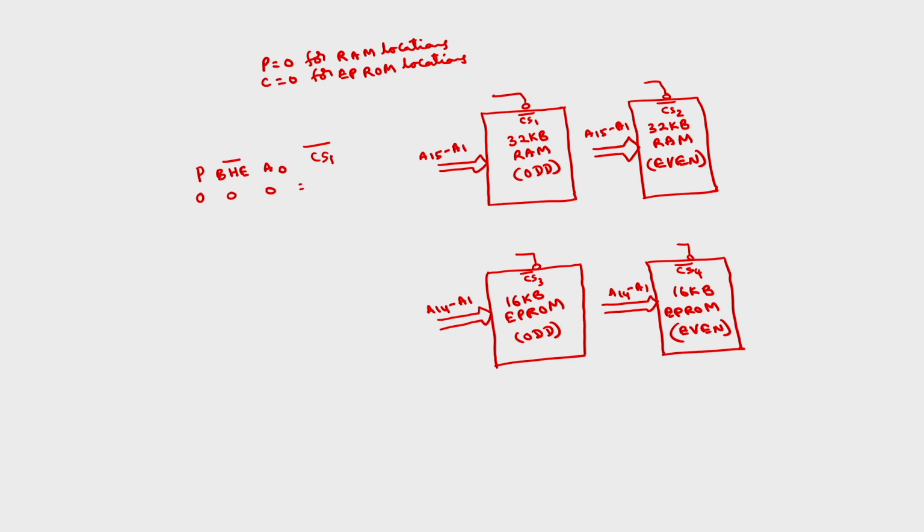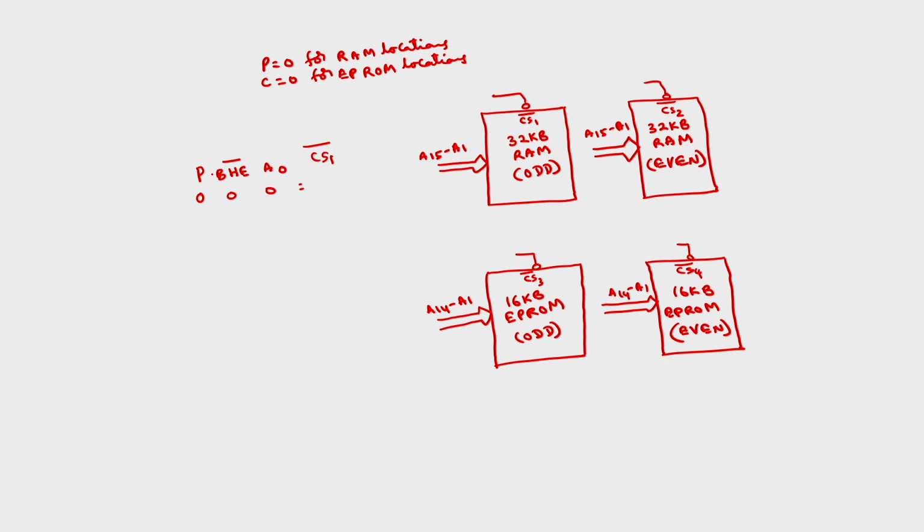CS1 bar has to be selected in case of wide selection from the RAM or only the odd bank. This P is equal to 0 by default, since this is for RAM, so no need to consider it, you can write P is equal to 0 here itself. Now BHE 0, A0 0 means chip select bar has to be selected because this is a wide access from the RAM.